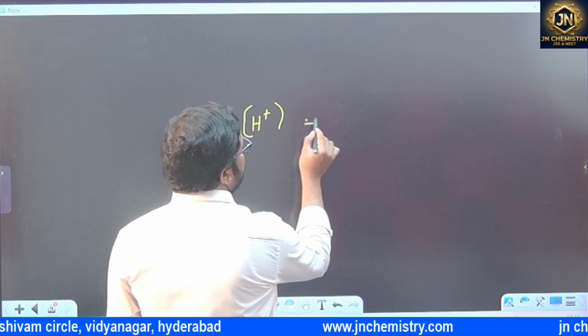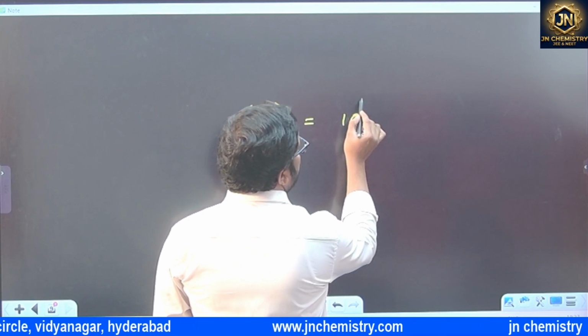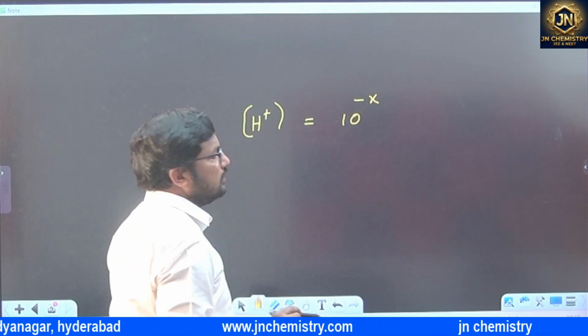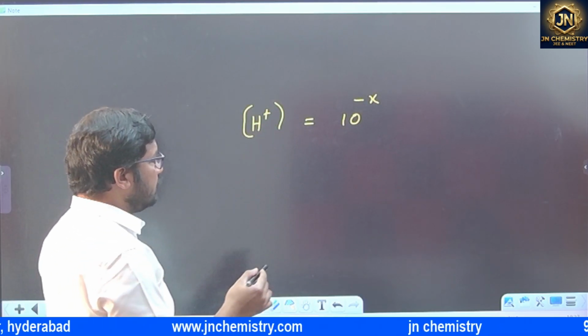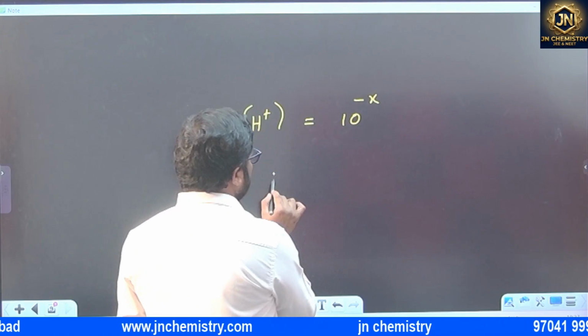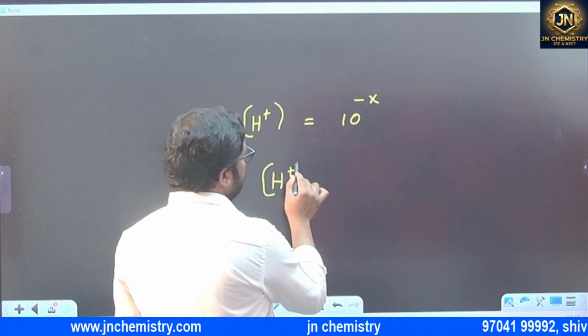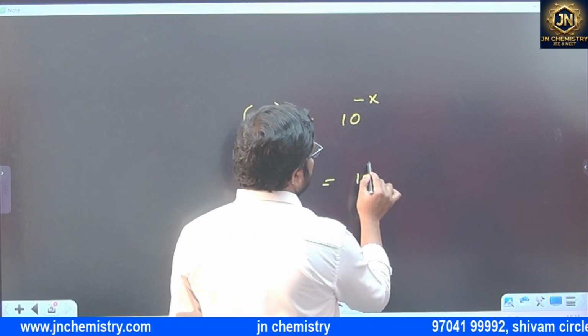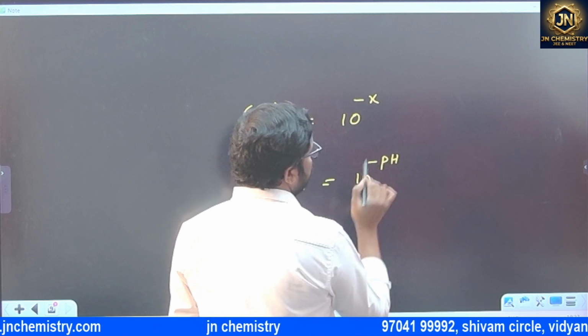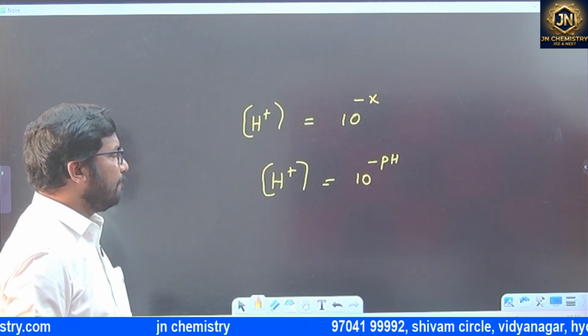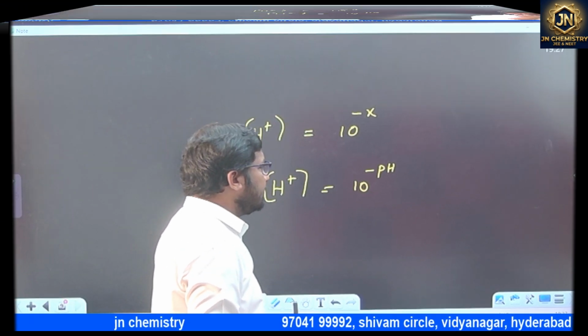The H plus ion concentration will be expressed like 10 to the power of minus x. So x is nothing but pH. We could say H plus ion concentration is equal to 10 to the power of minus pH. Write it down, 10 to the power of minus pH.